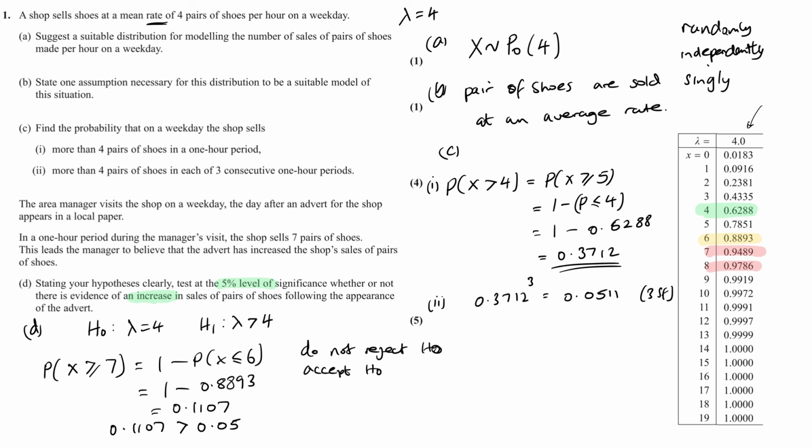I like to generally take the words from the question, so you'd want something along the lines of there is, in this case, insufficient evidence to suggest that there has been, so he thinks there's going to be an increase in sales.